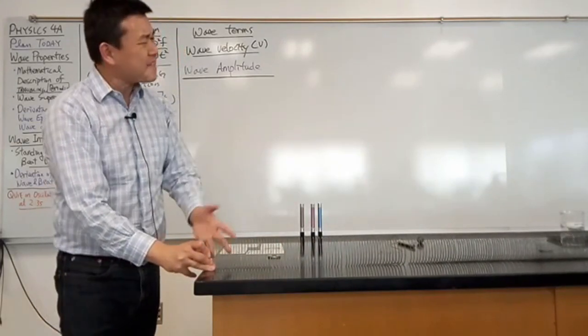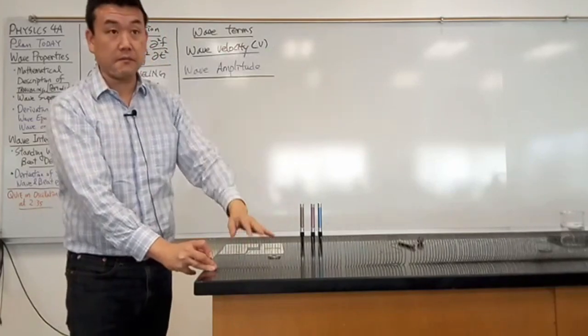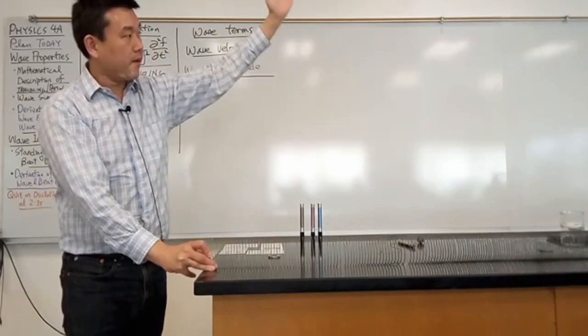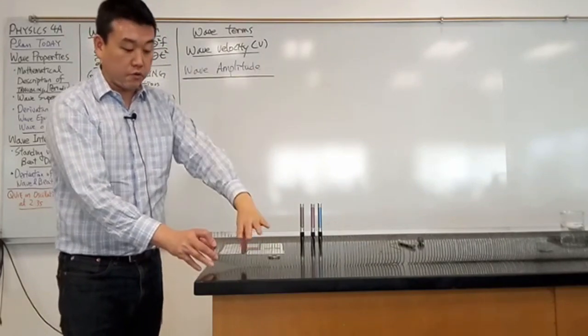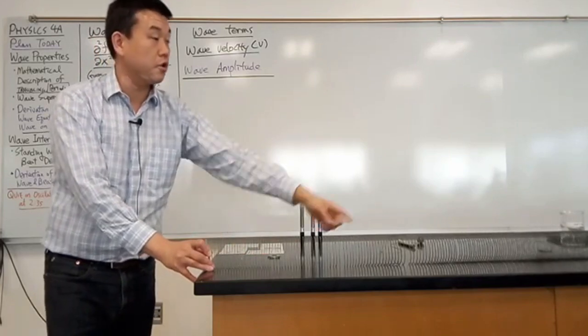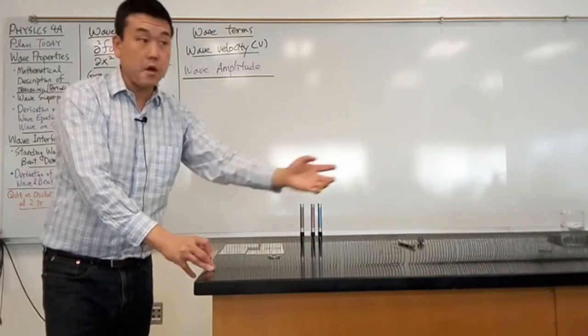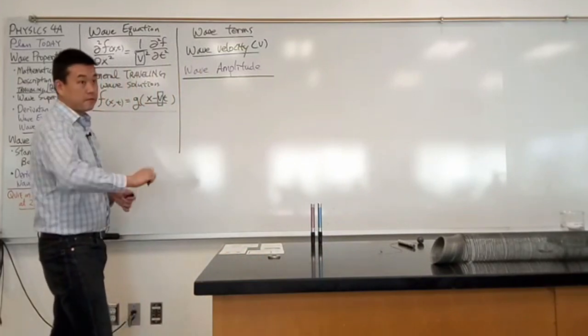The ones that are easier to visualize, like in that simulation there, are the ones where the direction of displacement is perpendicular to the direction of wave propagation. Those we call transverse waves.